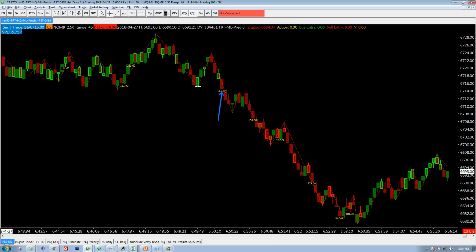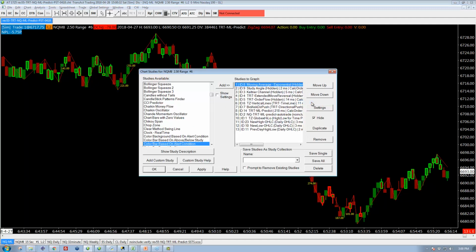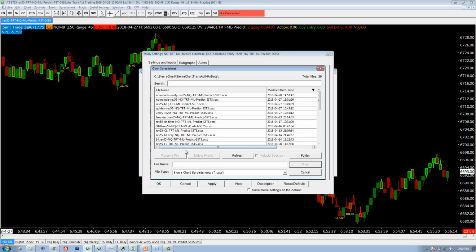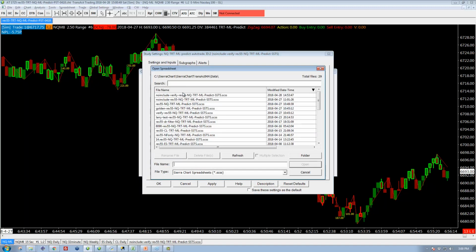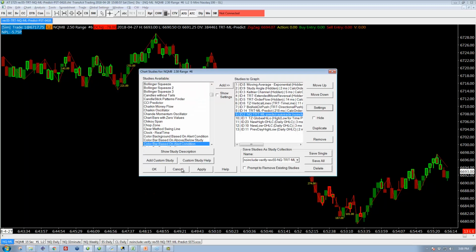If you want to use the verify spreadsheet, you're going to have to tell the system to switch to that, and the way that you do that is you go into the spreadsheet study itself, and then you change it down here by selecting it. There's a little select button down here: which spreadsheet should I use for this spreadsheet study? You select the one that says verify in it. Okay, so that's what's going to happen.